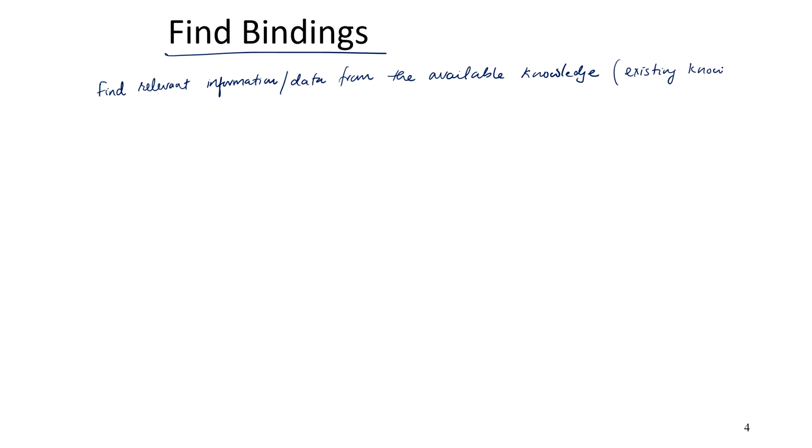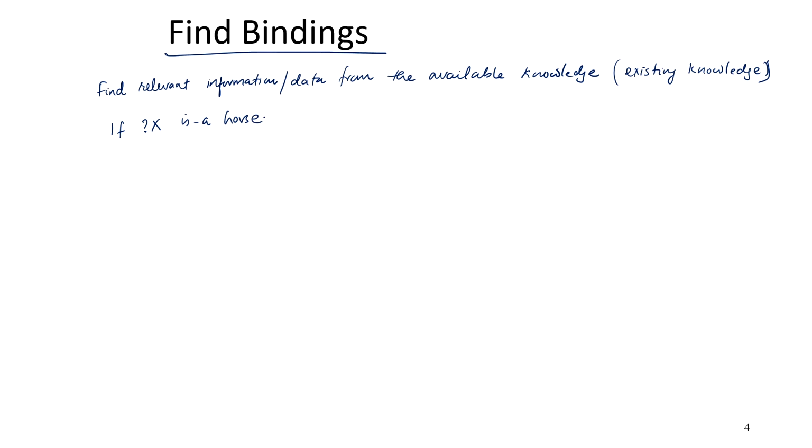Finding bindings means finding relevant information or data from the available knowledge, or what you can call existing knowledge. So the first thing is: if variable X is a horse.